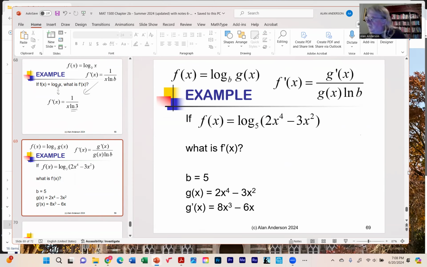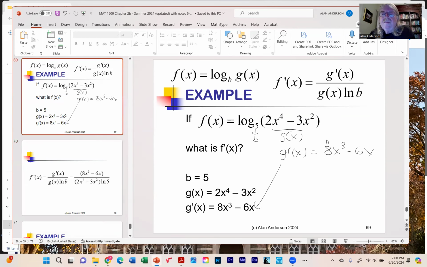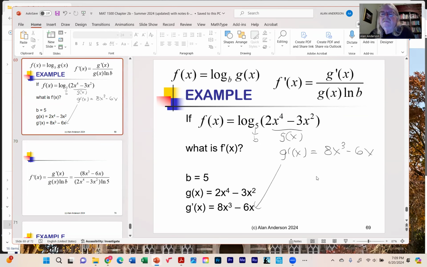So here the b is 5, g of x is here, and we can apply the power rule to each term separately to come up with g prime of x, as you can see down here. So we're going to have the ratio of this g prime of x over the original g of x, times the log of 5.